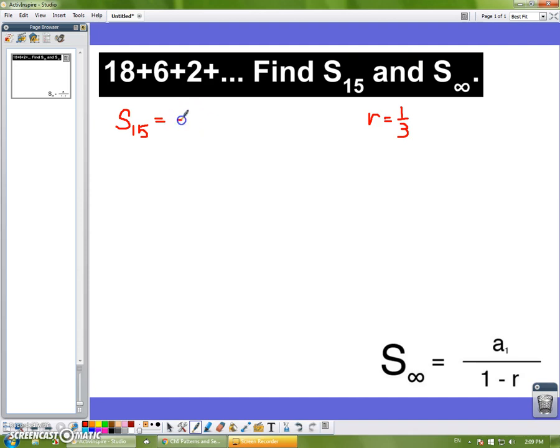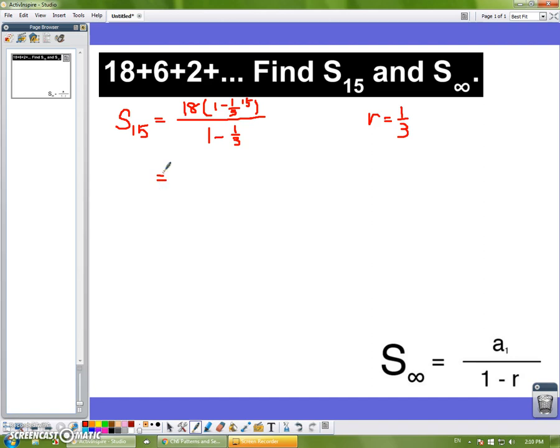So S15 is equal to my A1, which is 18, multiplied by 1 minus 1 over 3 to the power of 15. Right? So I'm just simply applying the formula. Not the S infinity formula, it's the Sn formula, right? Over 1 minus 1/3.